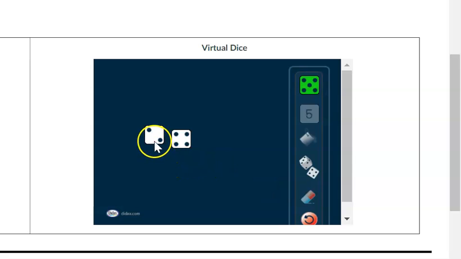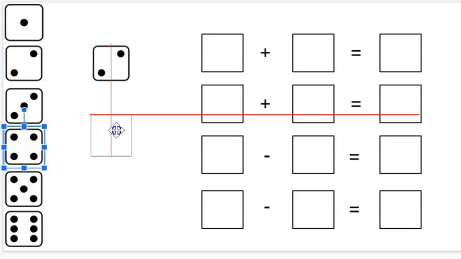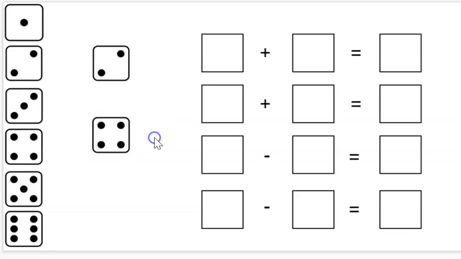You see, I rolled a 2 and a 4. So now I'm going to grab that 2 and the 4 that I rolled. Okay, so I'm going to write an equation for this. So 2 plus 4, and what is that? So I have 4, 5, 6.